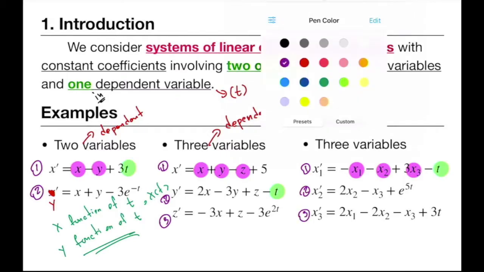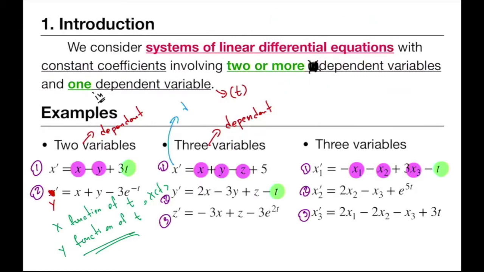When I say x prime here, it means dx by dt, and y prime is dy by dt, and z prime is dz by dt. Similarly, this one would be dx1 by dt, because we have only one independent variable t. So when you see any derivatives, x prime, y prime, z prime, x1 prime, x2 prime, any of them, they are derivatives with respect to t.